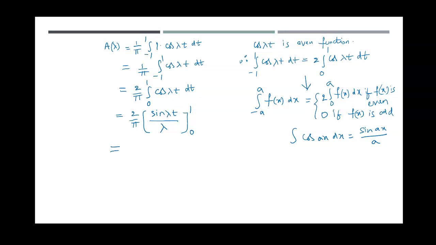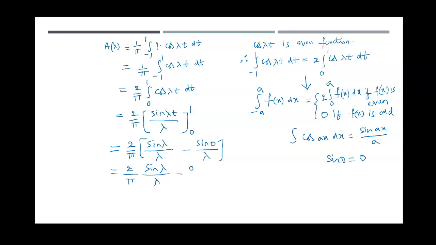Now we have to apply limits. First put t equal to 1. So 2 by pi, sin lambda upon lambda minus sin 0 upon lambda. And the value of sin 0 is 0.